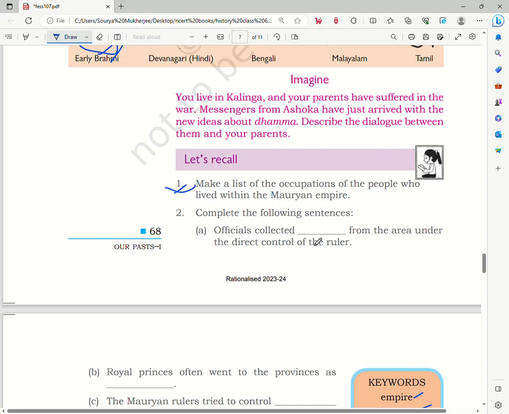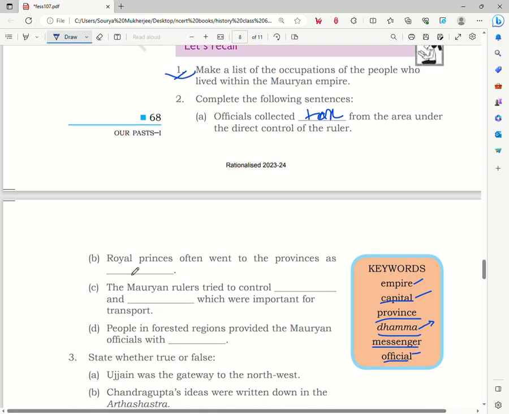Let's do the fill in the blanks. Officials collected dash from the area under the direct control of the rulers. So this would be tax. Then royal princes often went to the provinces as provincial governors.